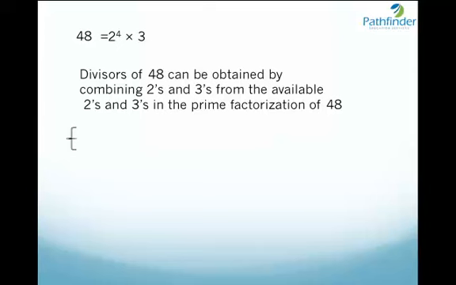From the 4 given 2's, we can choose 0 2's, which is represented by 2 to the power 0, or we can select 1 2, which is represented by 2 to the power 1, or we can select 2 2's, which is represented by 2 square, or we can select 3 2's, which is represented by 2 to the power 3, or 4 2's, which is represented by 2 to the power 4. So we see there are 5 ways of selecting 2's. Either we don't select a 2, or we select 1, 2, 3 or 4 2's.